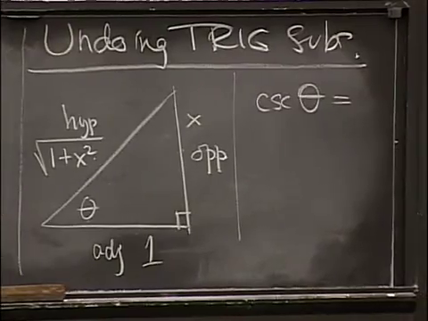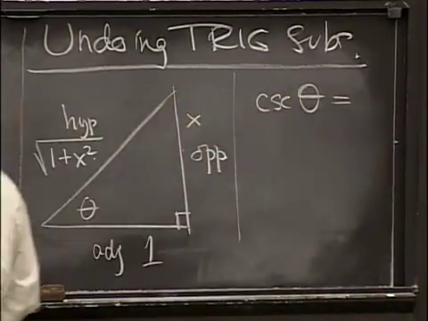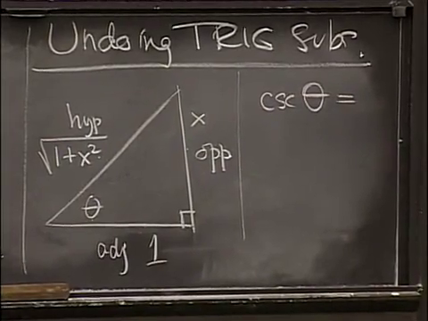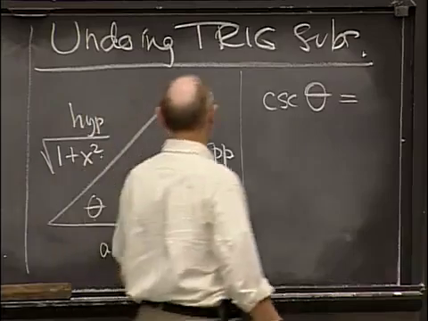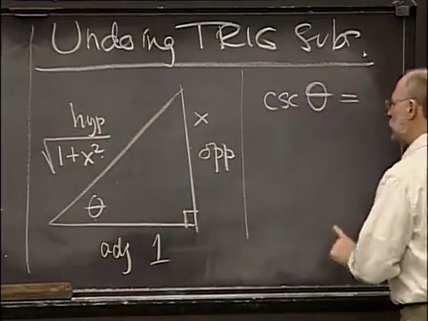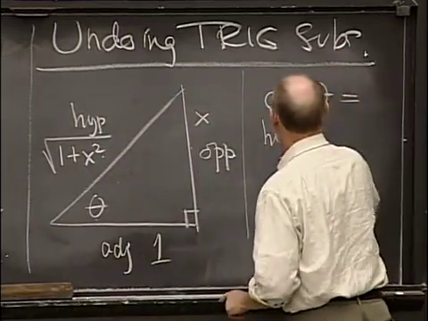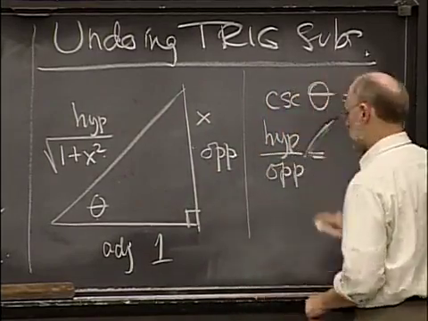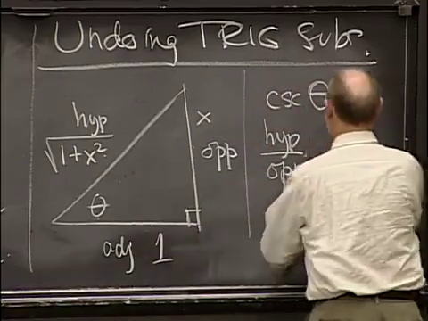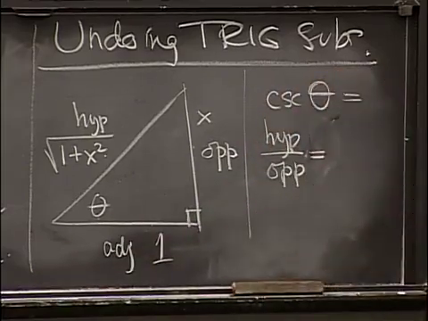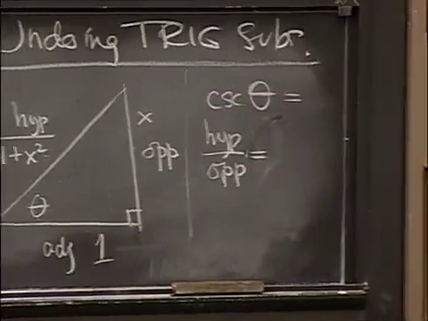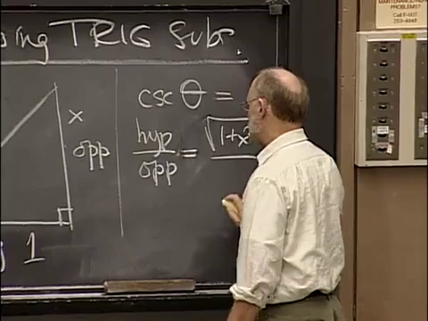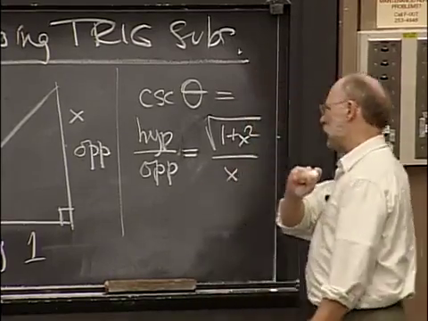Let's see. The cosecant of theta is 1 over the sine, and the sine is opposite over hypotenuse, right? So the cosecant is hypotenuse over opposite. The hypotenuse is the square root of 1 plus x squared, and the opposite is x.